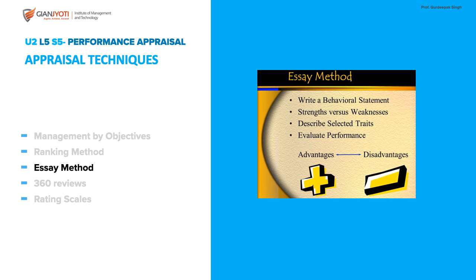Then the third method is the essay method, where the sales manager writes an essay type report based on certain parameters for each salesforce rep, in terms of that parameter or parameters, what are their strengths and weaknesses, so what sort of traits they possess, and then based on that they give a weightage to each parameter, and then they assign a score to that.